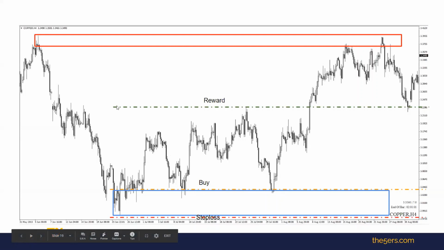Okay, the potential reward that happened. I'm not saying that we would know how to take this as a TP, a take profit, but look how much price would go after the first initial reaction to fresh demand. If this is our risk unit, it gave us a 3-to-1 risk-reward ratio.